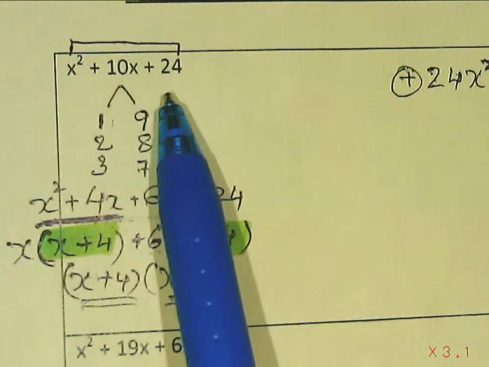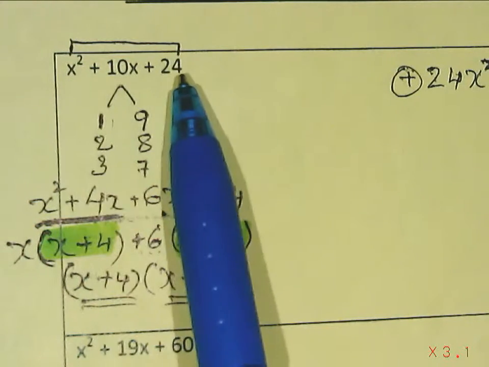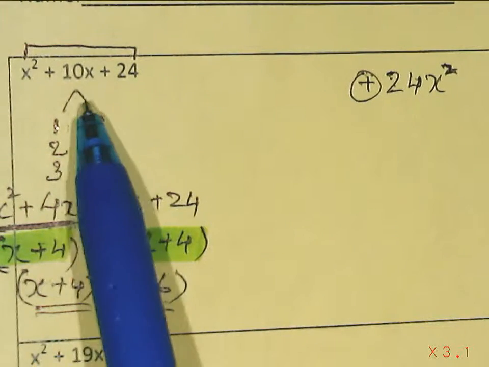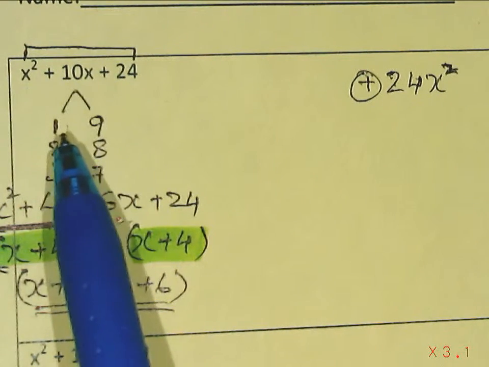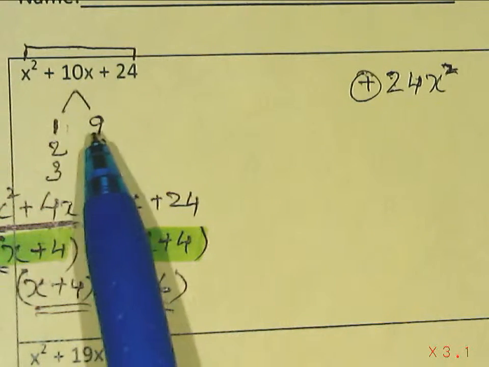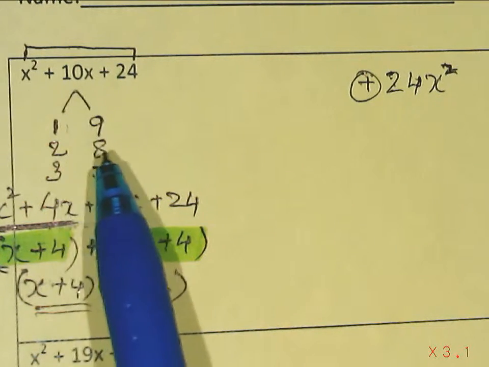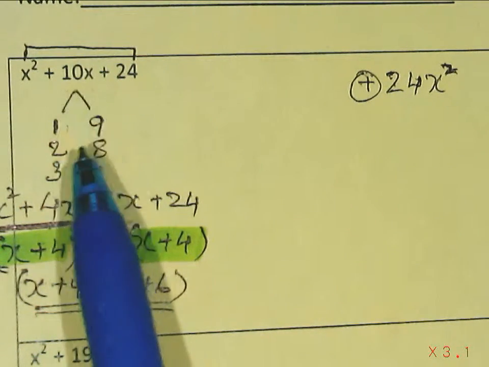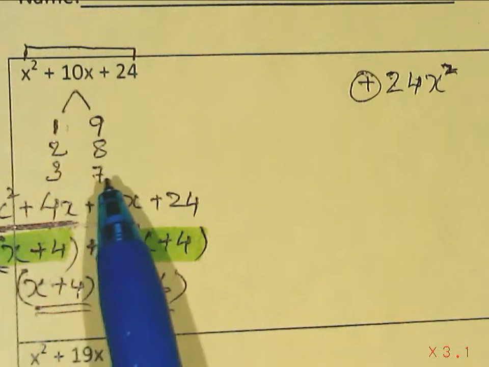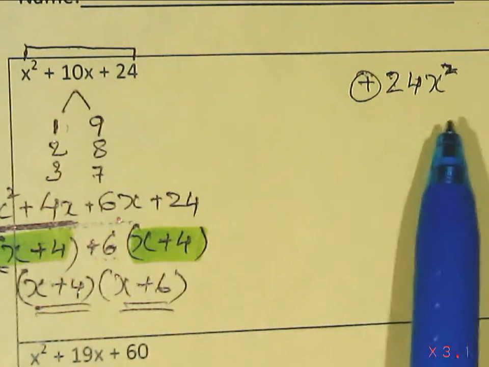I repeat, x square plus 10x plus 24. You are asked to factorize this one. You multiply the extremes, this and this. You multiply these two, then you get 24x square. Then split the middle term. Like, 1 plus 9 makes 10, but 1 times 9 is not 24. Then 2 plus 8 makes 10, but 2 times 8 is not 24. Then 3 times 7 is 21; when I add these two, I get 10, but it is not matching this 24.